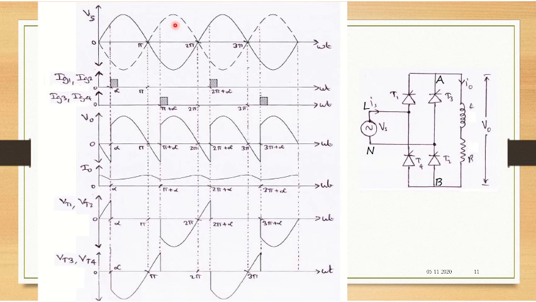So the input voltage is appearing at the output. Again, because of the inductor, when the input voltage is going in the reverse direction, T3 and T4 will continue to conduct. So you can see the output voltage going in the reverse direction.